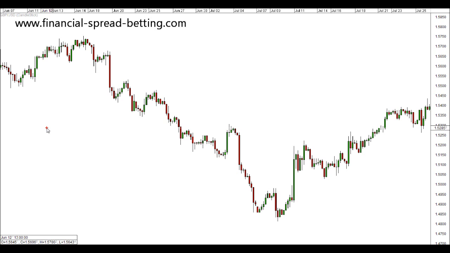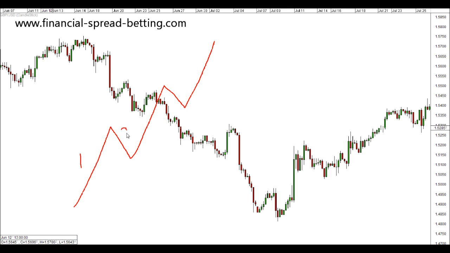So the Elliott wave theory suggests that when markets trend, they trend in what Elliott would call a 5-3 wave pattern, where price would push, it would pull back, it would push, it would pull back, and would go for one final third push.